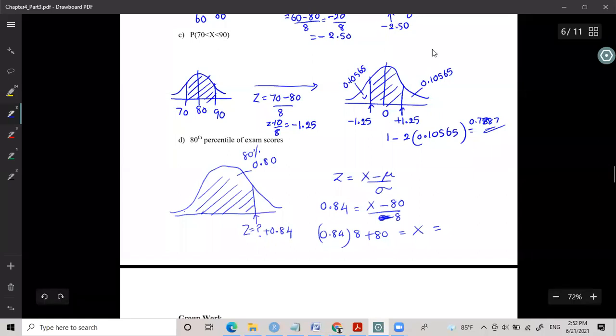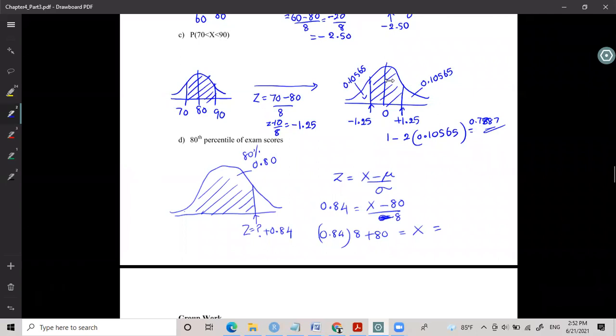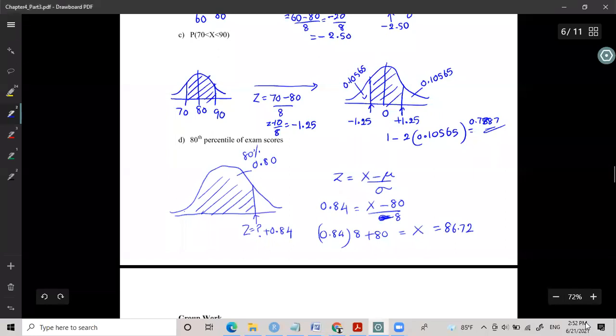Yes, what is the answer? 86.72. Okay, exam score is 86.72. So what does that mean? The 80th percentile exam score is, let's say, 87. What is the meaning of this 80th percentile?